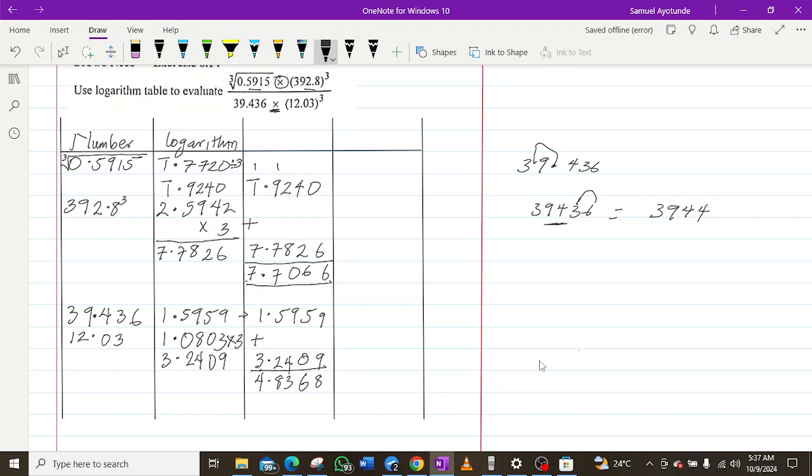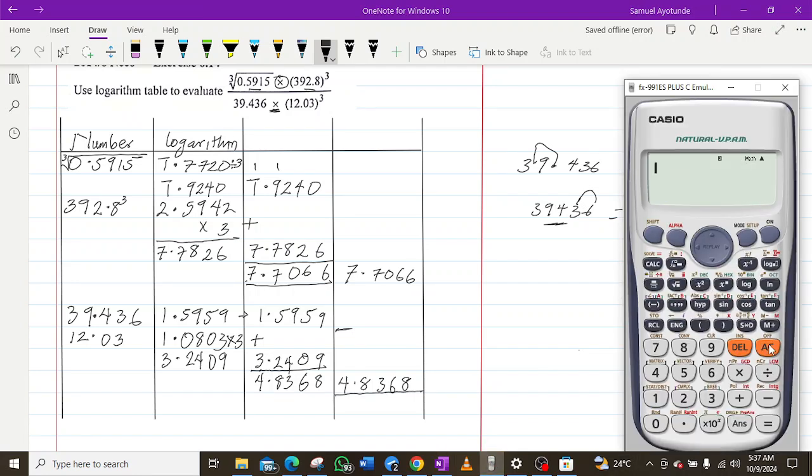Now, the answer for the numerator is 7.7066. I transfer it to the next column. And for the denominator is 4.8368. This is numerator over denominator. That is division, so we are subtracting these values. And since there's no bar here, we can use the calculator.